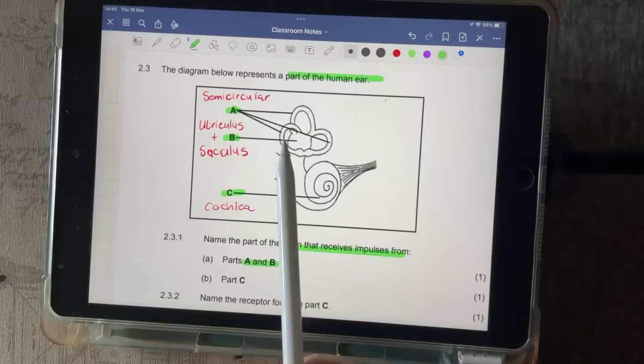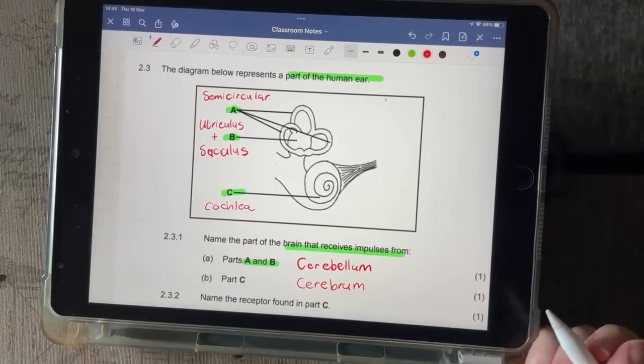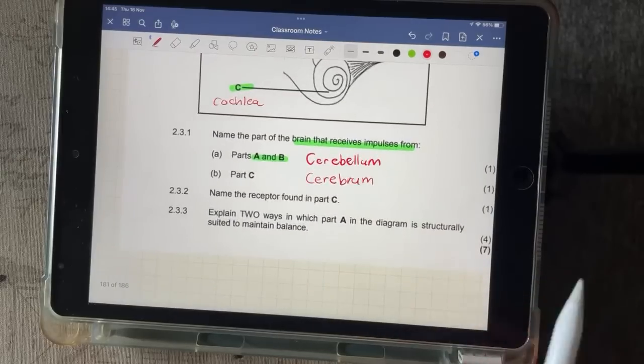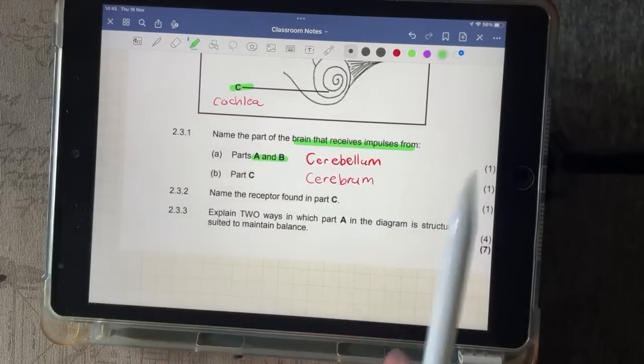Then where does part C go? Well, the only other option there is the cerebrum. It's certainly not the medulla oblongata, and it's certainly not the spinal cord. Definitely not the spinal cord. All right. So let's move into our next question.